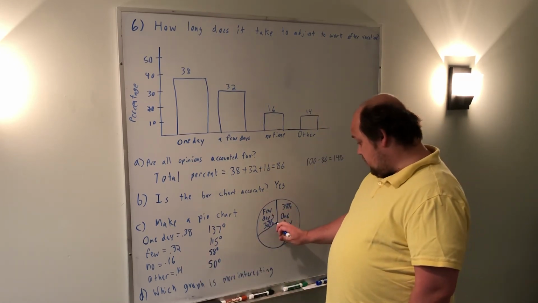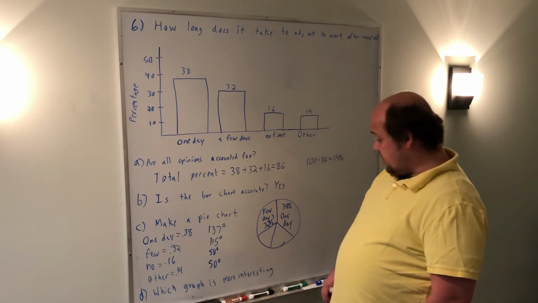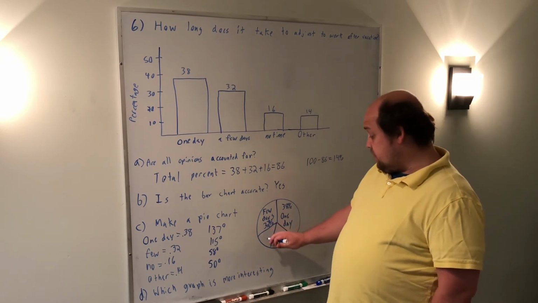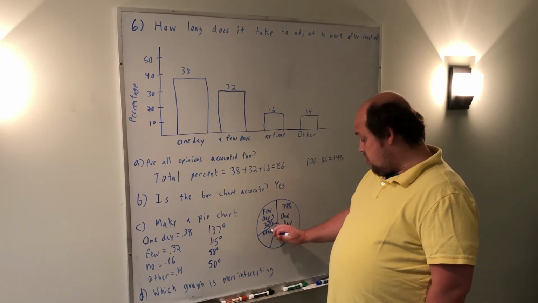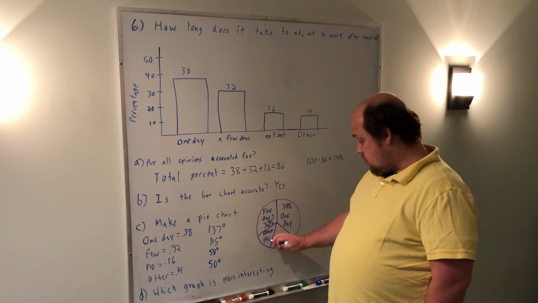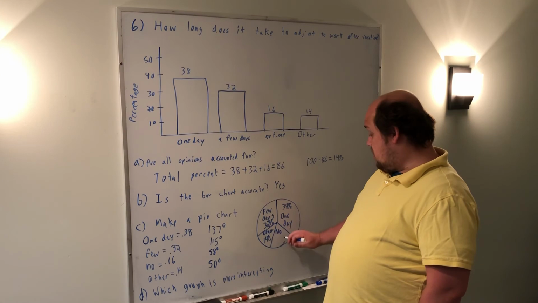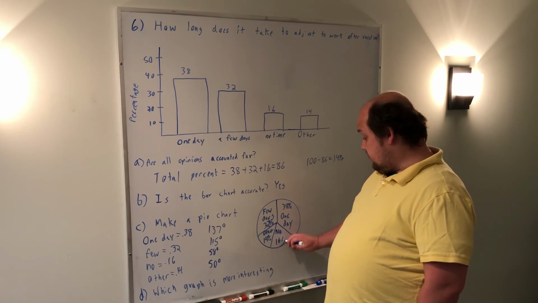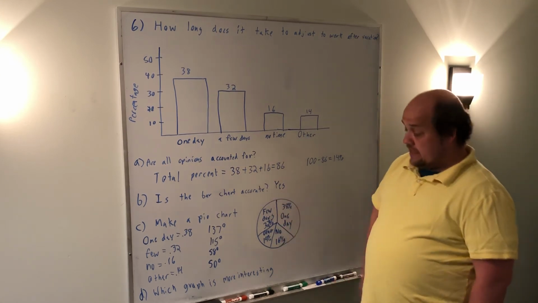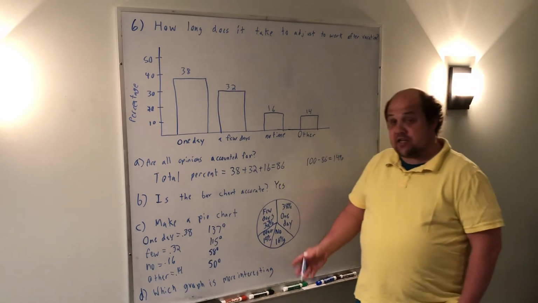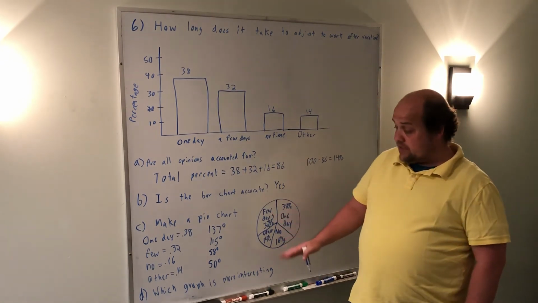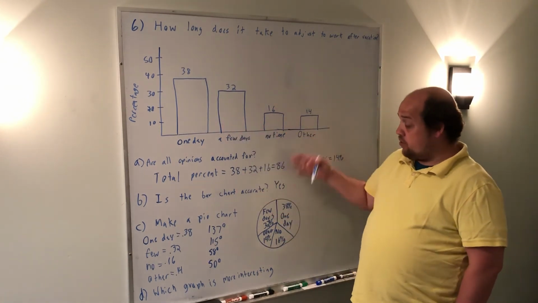So I'm going to go close to the middle, but make one smaller than the other. I'm going to label this one other. I'm going to label this one no. And 16%. That's a decent pie chart. Again, you just need to choose the one that has the correct percentages with the correct bars with the correct names.